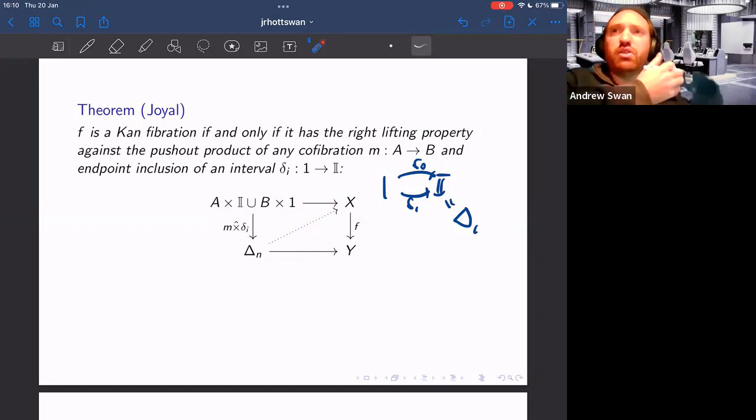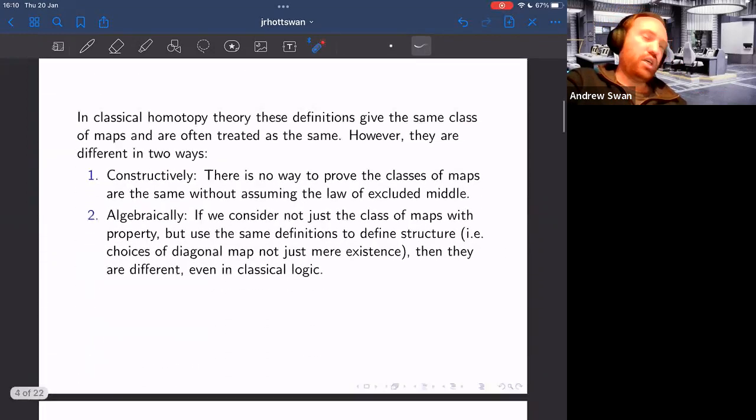But the point is, this is a kind of structure, and it's a different structure to the one using horn inclusions. So this is what I mean when I say that these two definitions are algebraically different, because the structures that they give are different.